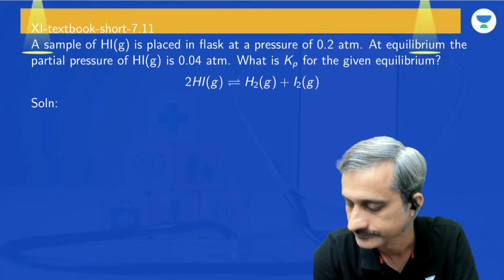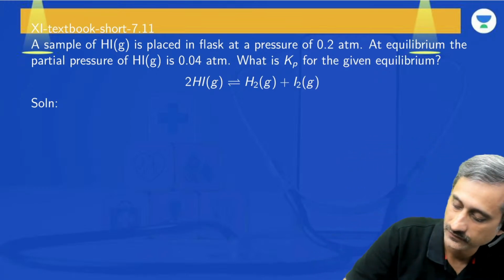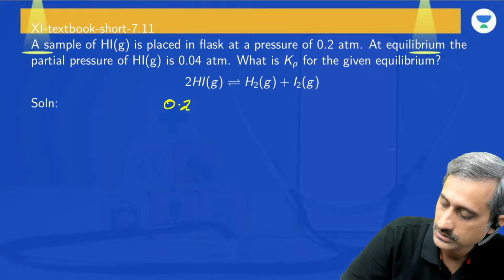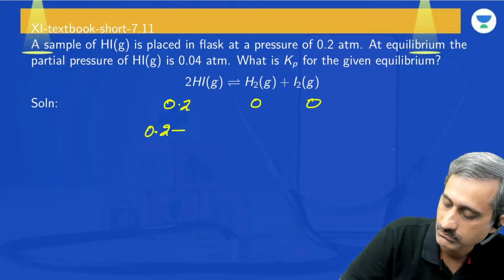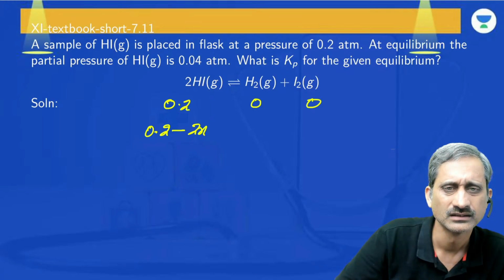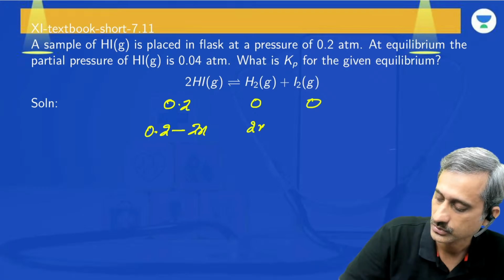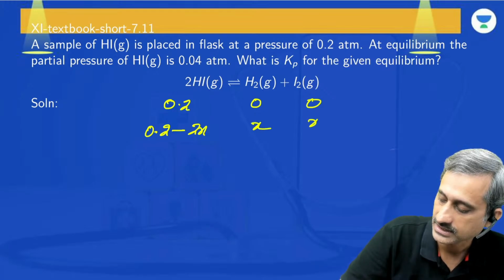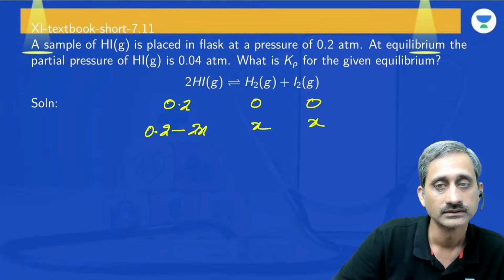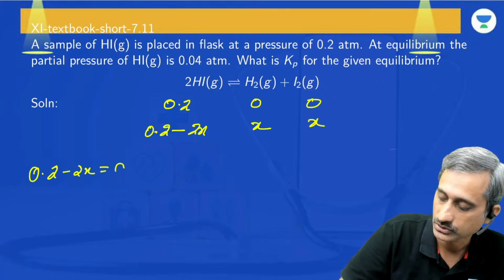Okay. So here we have, this is 0.2. This is initially 0 and 0. Now 0.2 minus 2x, or you can take 2p instead. That gives us 2x, 2x. No, that gives us x and x. Now 0.2 minus 2x is equal to 0.04.